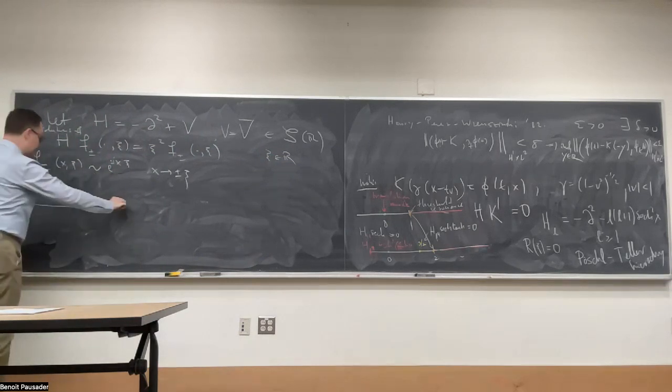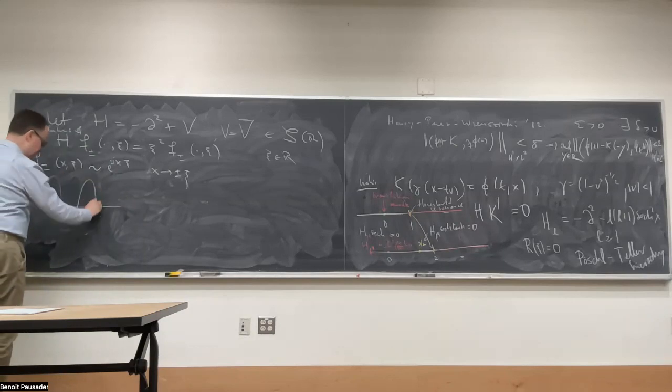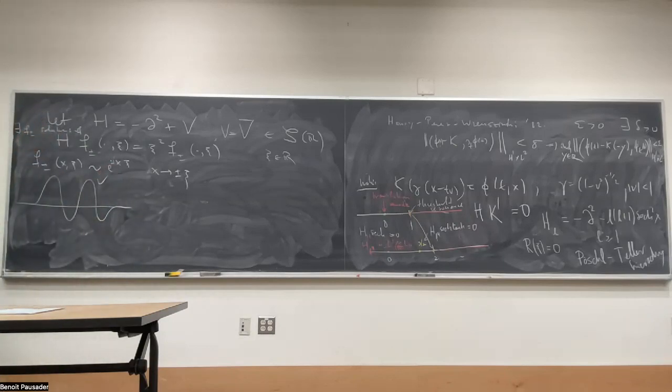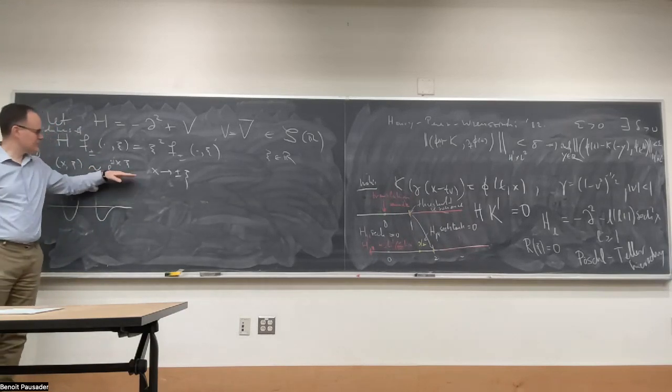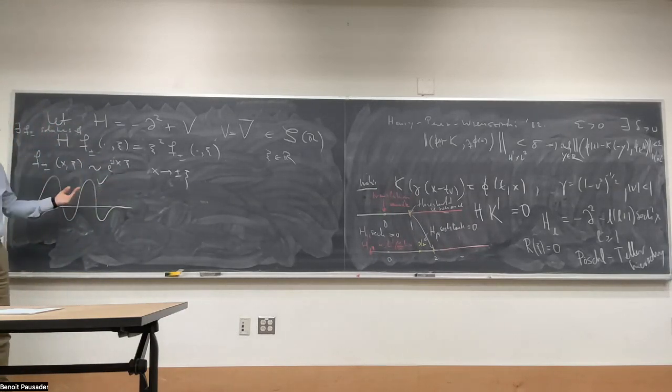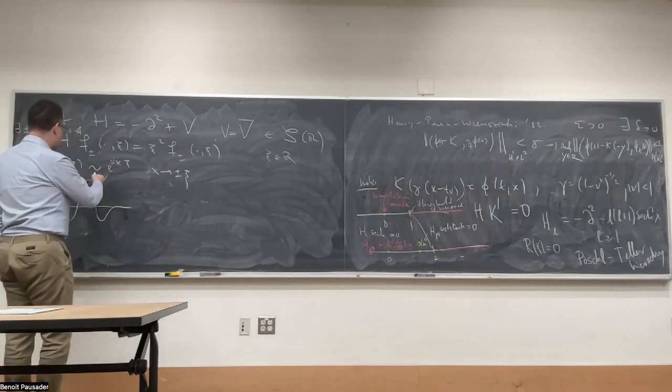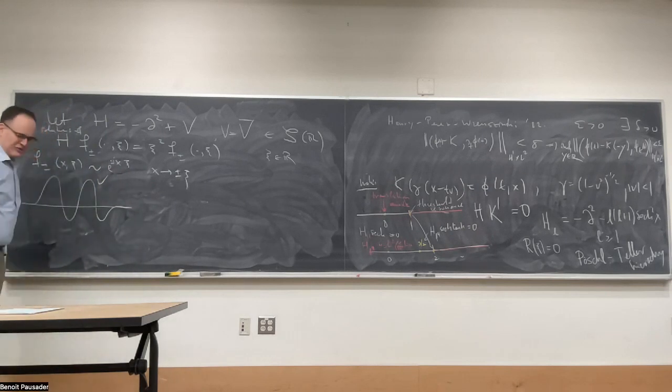And then the picture that's typically drawn is if you have a potential, let this be your V. And it's particularly nice if V actually has compact support because you're dealing with ODEs, then these f plus minus are actually identical to these guys outside of the support of V, right? By existence and uniqueness of ODEs. And more generally, the picture that's really quite nice, but could be misleading also, is that you send in a wave.